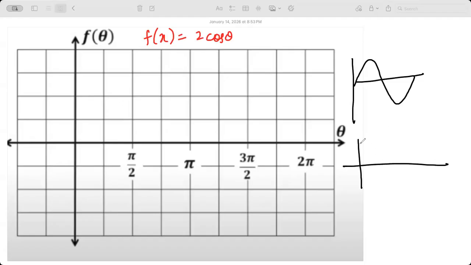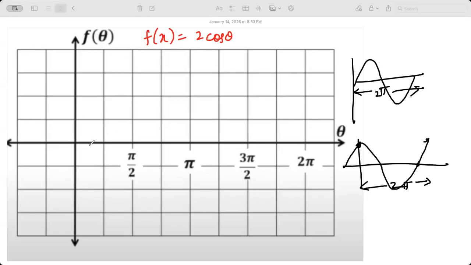Cos theta reaches its maximum at 1; it starts at 1, and then goes like this. Any questions? For the parent function, the period of both is 2 pi.